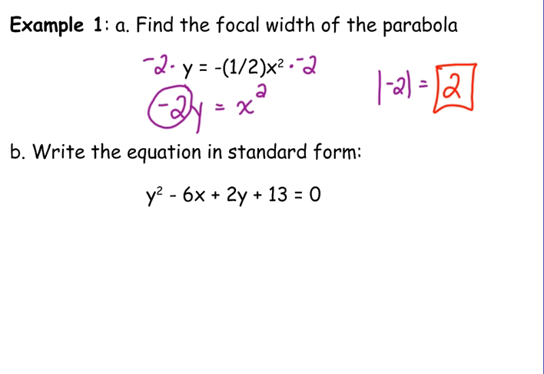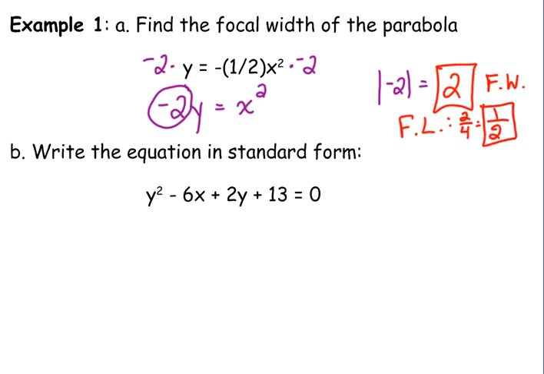Now the question doesn't ask us this, but what is the focal length? The focal width is the absolute value of 4p. The focal length is just p, so divide by 4.